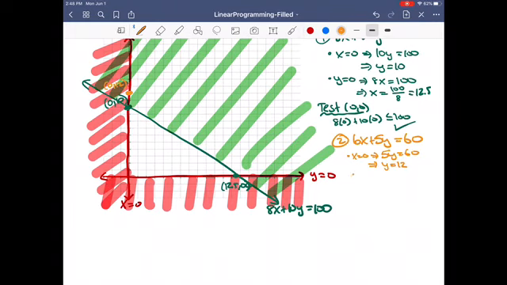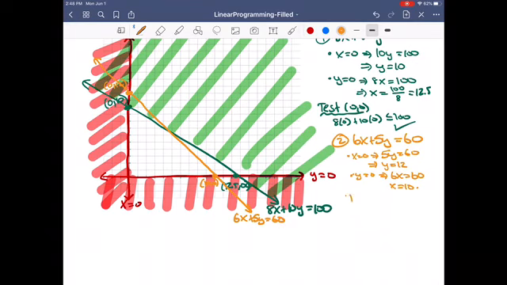Okay, when y is 0, we get 6x equals 60, so that's x equals 10. So that's a point here. And when I connect those, I get a line like this. So this is 10, 0. So that's 6x plus 5y equals 60.